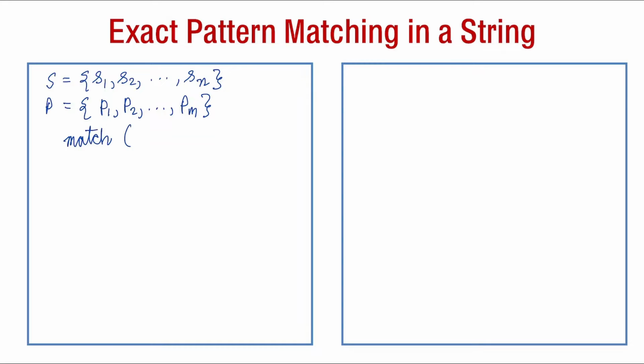Match S, P, and we would first check if in any case the size of S is less than the size of P, then we return failure, we return false. That means, let us say we return 0.